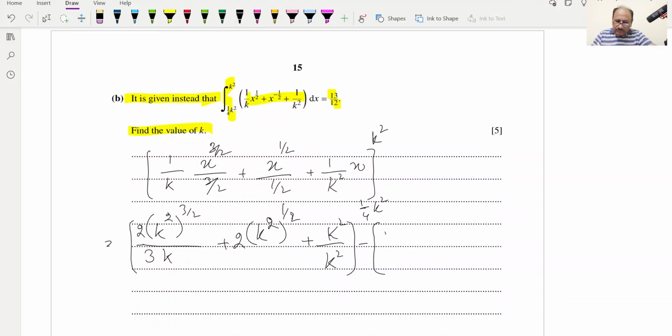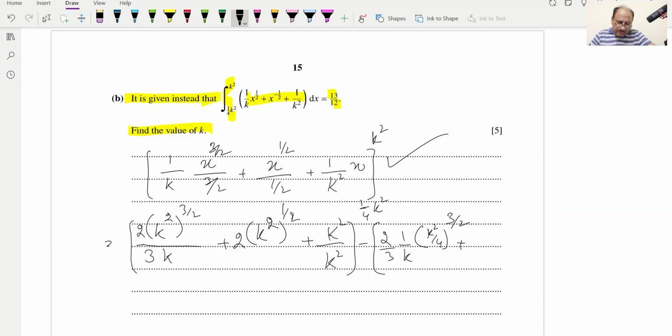Basically 2 by 3 we will write first, this 3 by 2 will switch to 2 by 3, and 1 over k, and inside we can write k squared by 4 and whole raised to the power, not 1 by 2, 3 by 2. We are replacing 3 by 2 in this one.